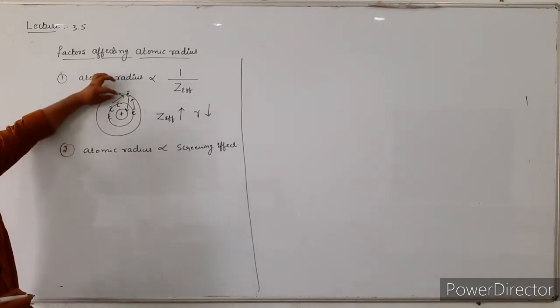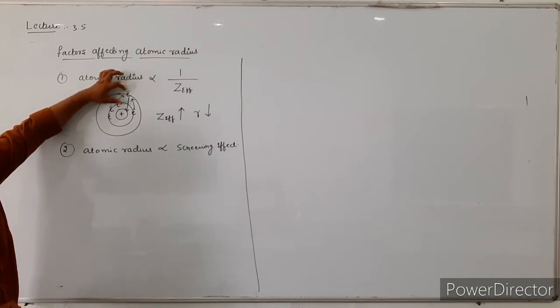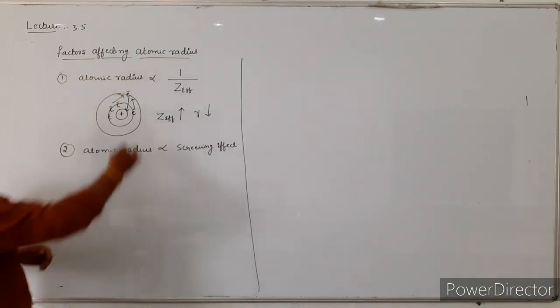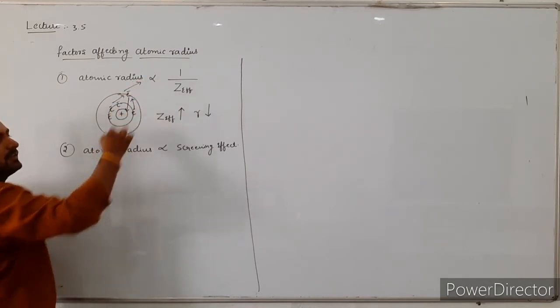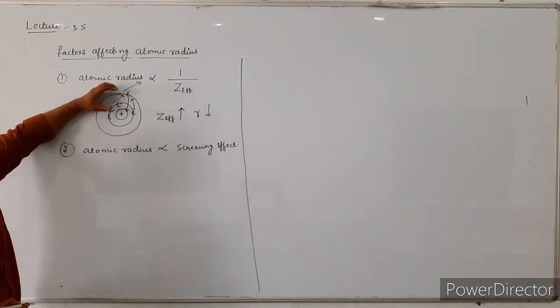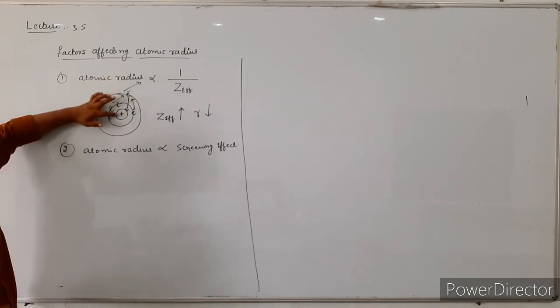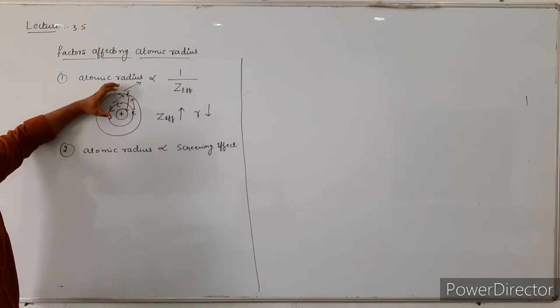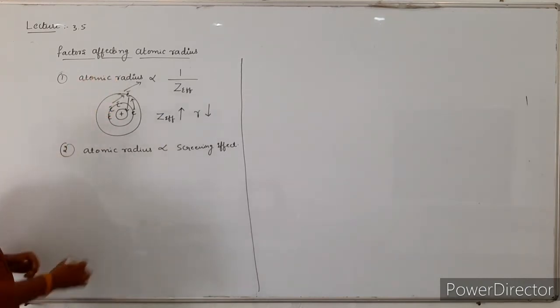When they repel the outer shell electron, the outer shell electron will move away from the nucleus. When they start to move away from the nucleus, then the size increases. Why? Because the attraction on outermost electron decreases. That's why the size increases.